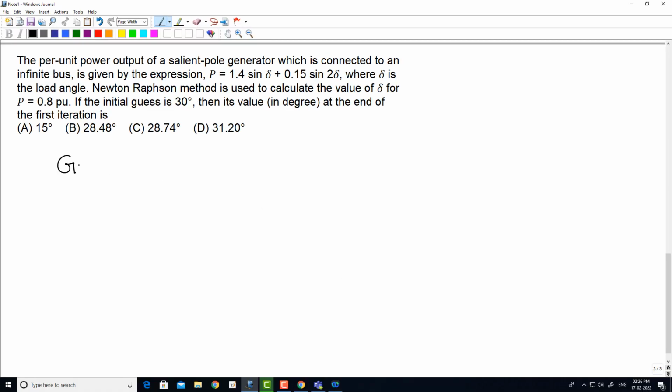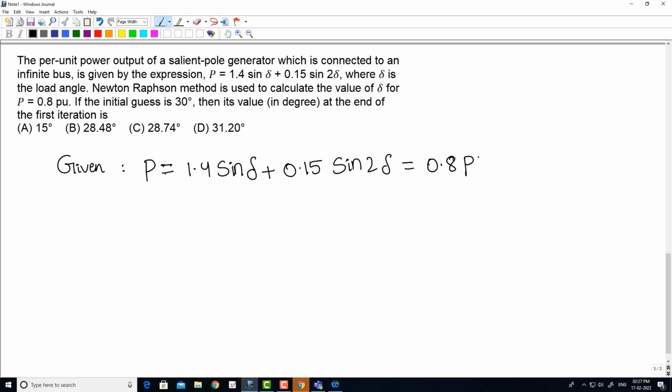First, given data. What is given? Per unit power output of the salient pole generator, that is P is equal to 1.4 sin delta plus 0.15 sin 2 delta, and it is equal to 0.8 per unit.